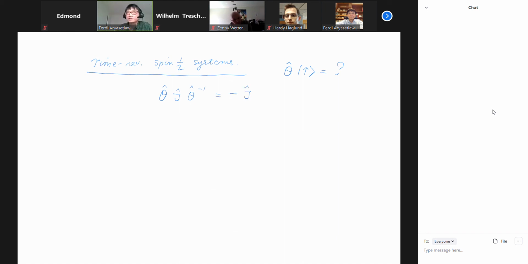So it is kind of clear also, because angular momentum is position operator times the momentum operator, and the time reversal operator reverses the momentum, but keeps the position operator the same. Then we get this property here.